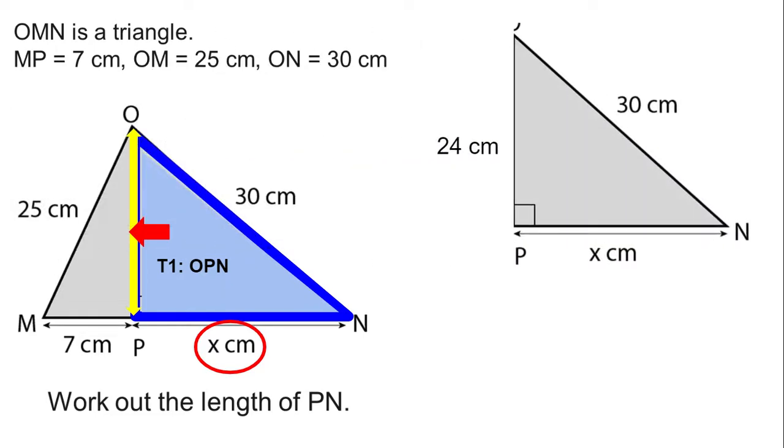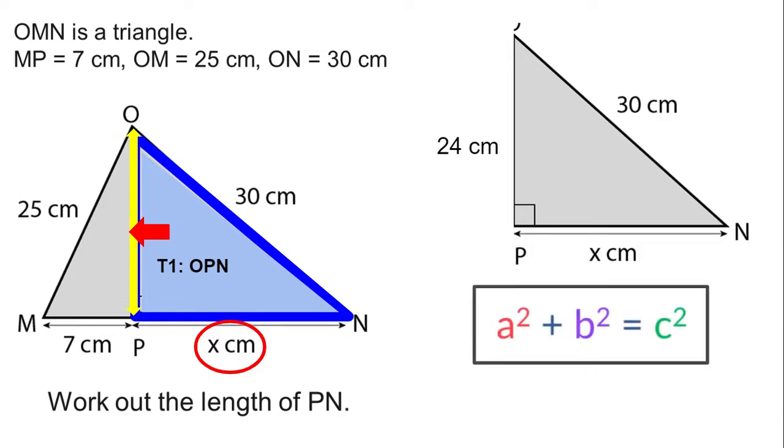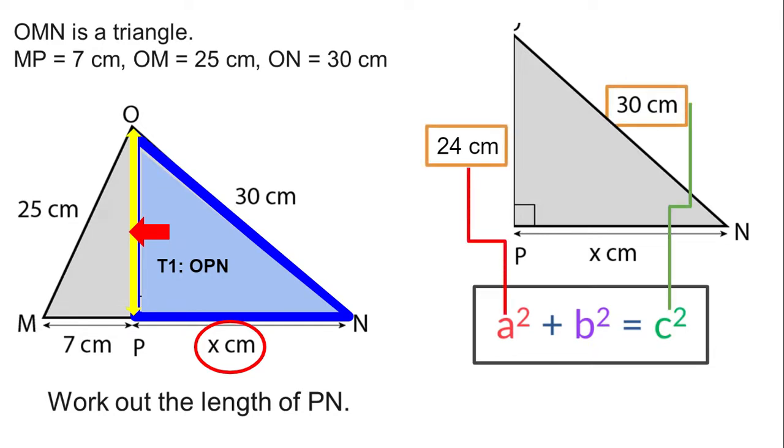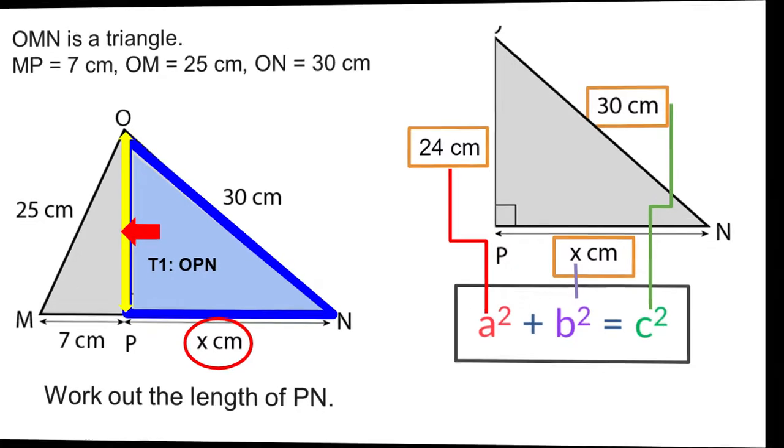Now in T1, my OP is 24 centimeters, my ON is 30 centimeters, and PN is x. I could take ON, 30 centimeters, as my C, as you can see that it's the diagonal length, and 24 is the vertical length. I could take it as A, and I could take my x as B, the horizontal length.